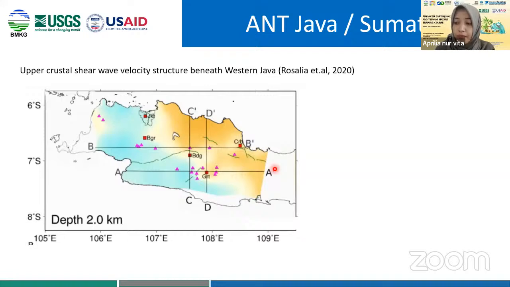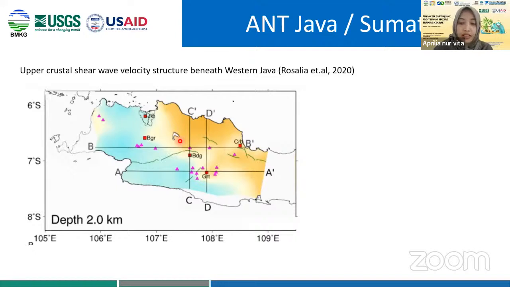There is a velocity contrast between the southern part and the northern part of West Java, and there are circular patterns that represent a basin beneath Garut and Bandung and surround near Jakarta.